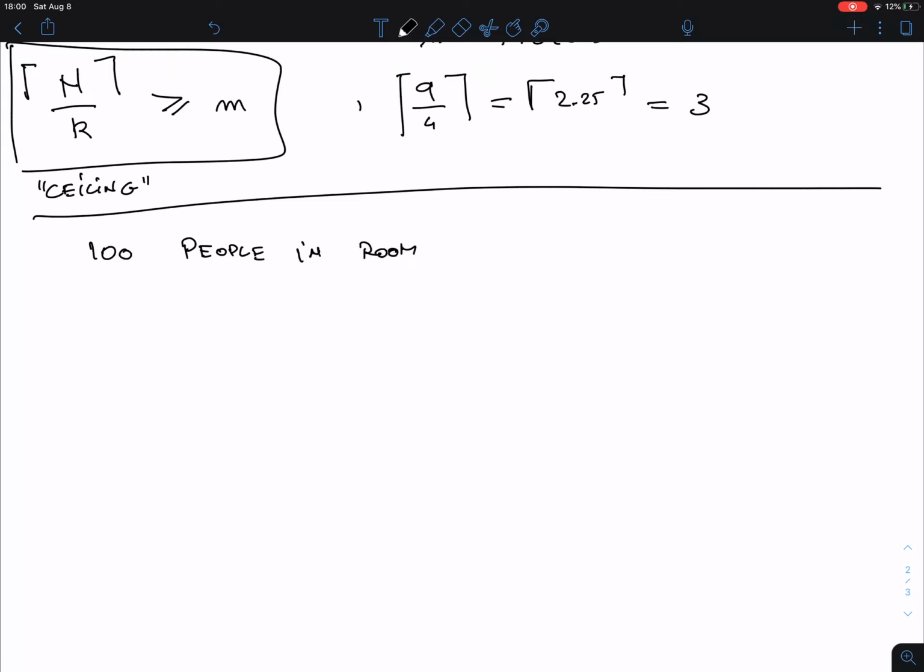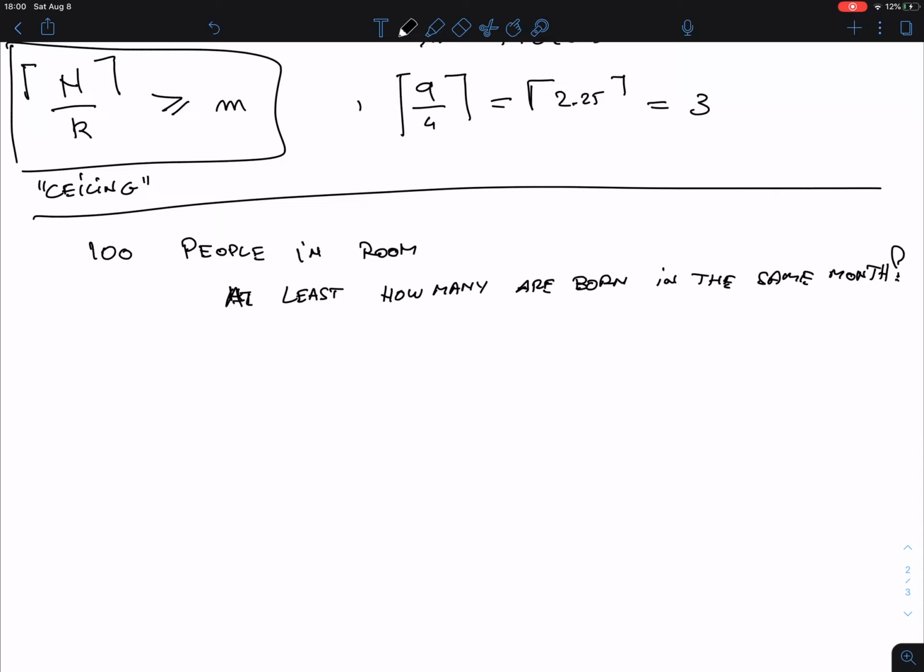Let's say, at least how many are born in the same month?